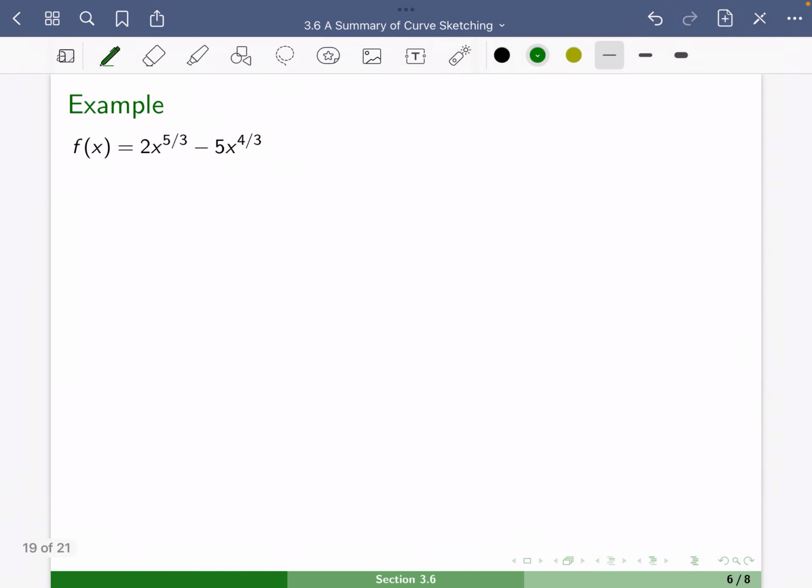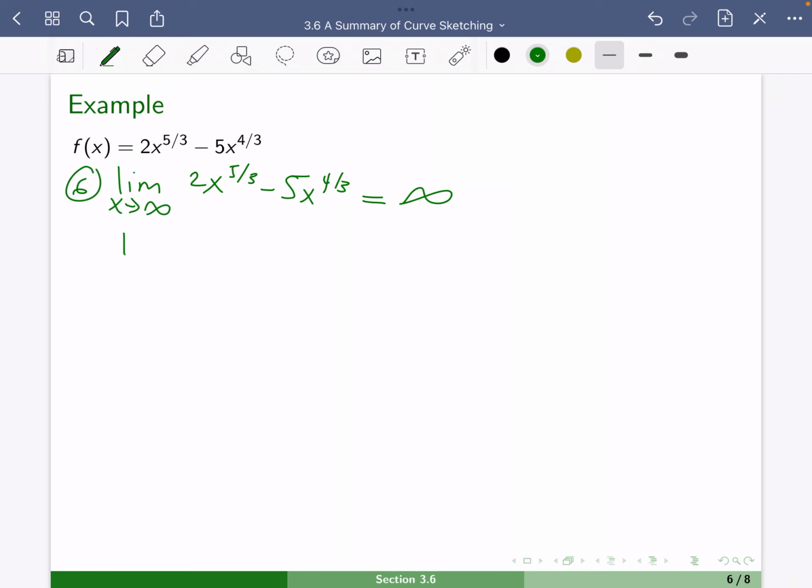Now we need to look at our end behavior. So the limit as x heads towards infinity of 2x to the 5/3 minus 5x to the 4/3: as x gets really, really large, this is getting really, really large, right?